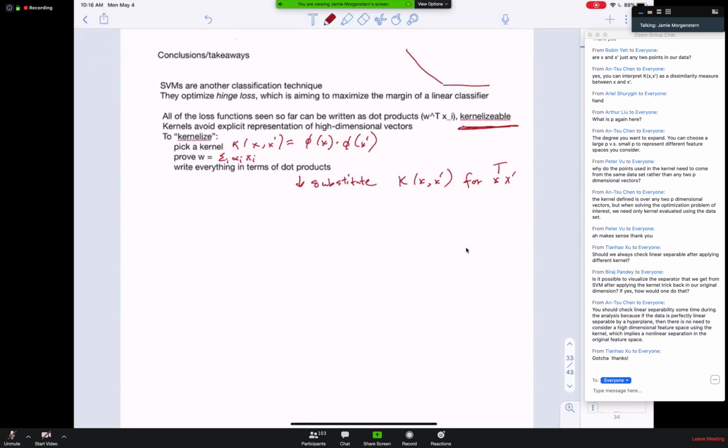We didn't really talk about how you pick a kernel. I gave some examples of kernels, and that's a much more hairy problem. If you have a nice visualization or intuition for your problem, and some sense that if I project my data in this way, I suspect it'll be easier to separate, that's one way you might have some sense as to what kernel you should choose.